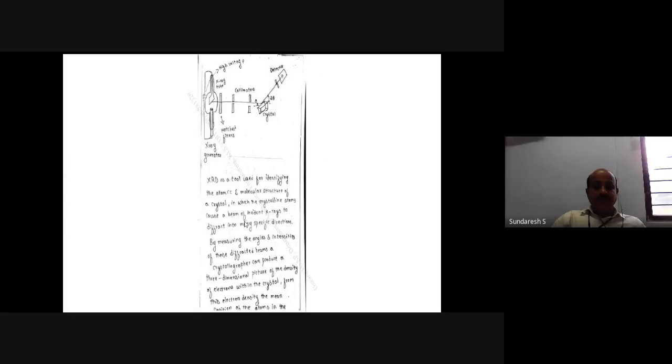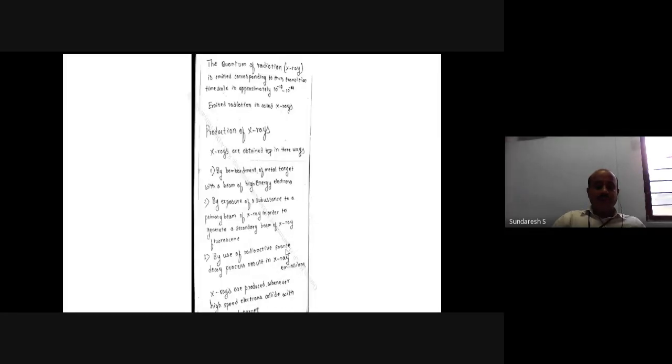XRD is a tool used for identifying the atomic and molecular structure of a crystal, in which the crystalline atoms cause a beam of incident X-rays to diffract into many specific directions. By measuring the angles and intensities of these diffracted beams, a crystallographer can produce a three-dimensional picture of the electron density.